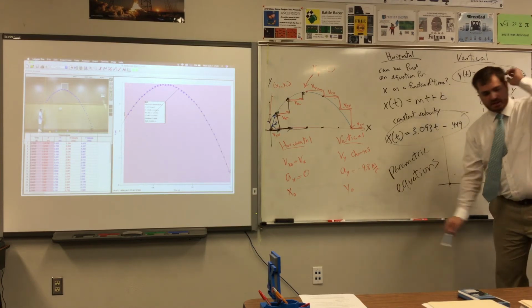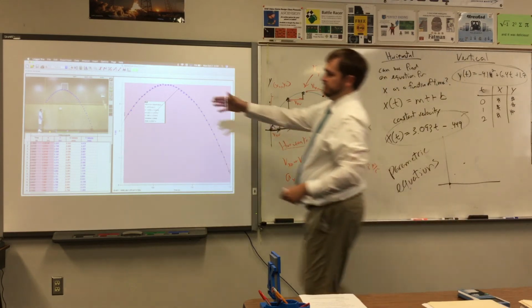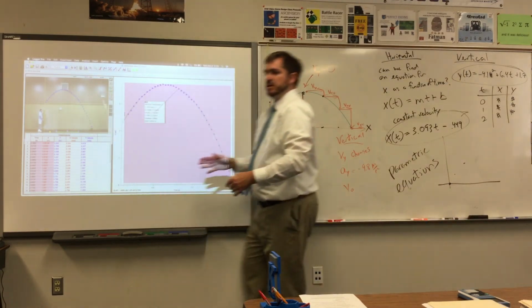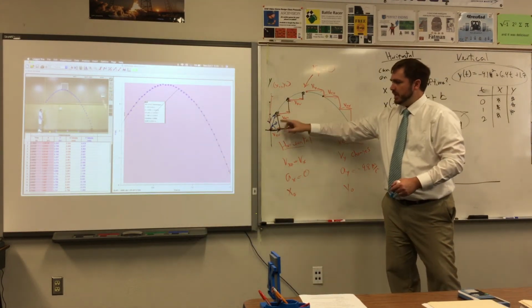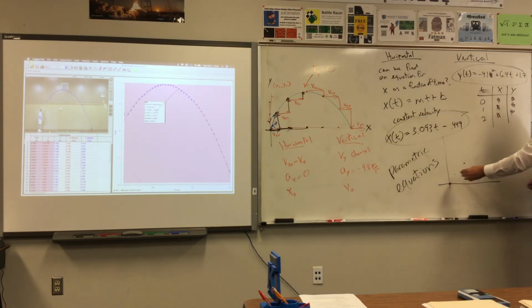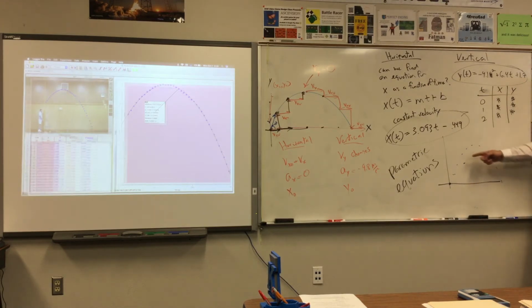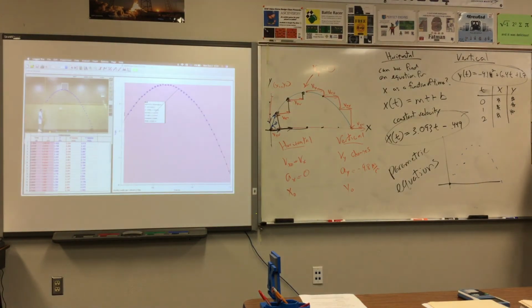Why would this come in handy? If I didn't have all of this analysis, but I knew my initial position, and I knew the theta, and I knew the velocity, why might it be good to be able to plot the x and y position as a function of time?